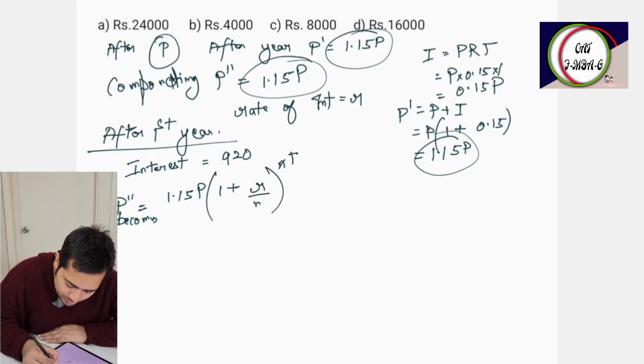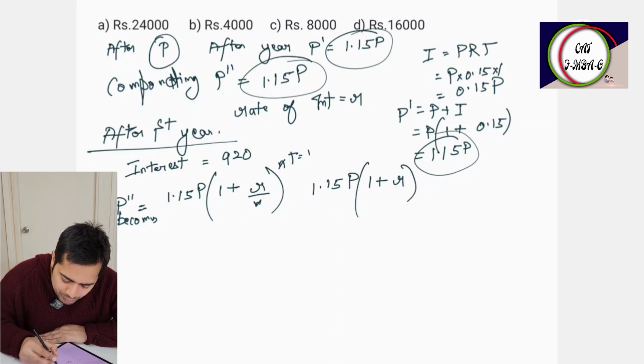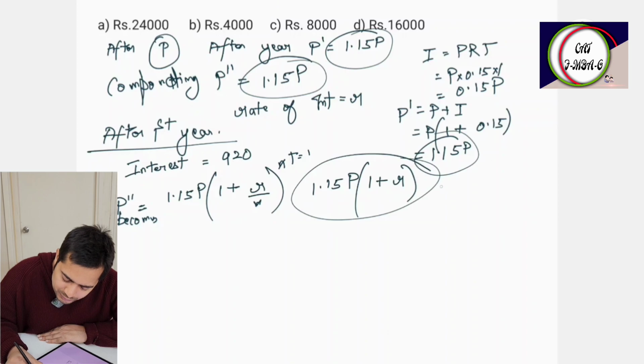Here N is equal to 1 and T is equal to 1. So 1.15P into 1 plus R, simple. This is equal to 920.